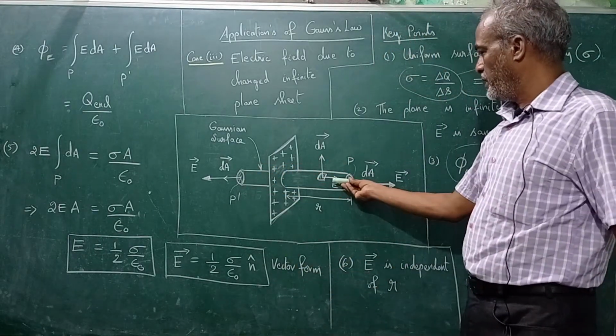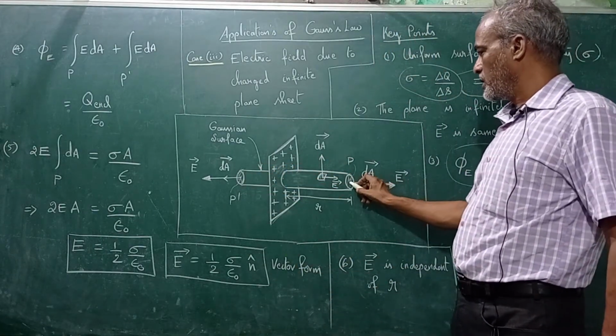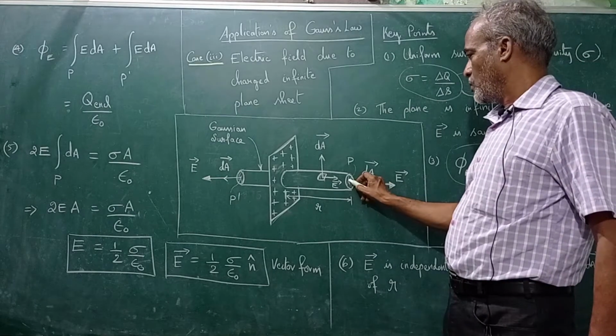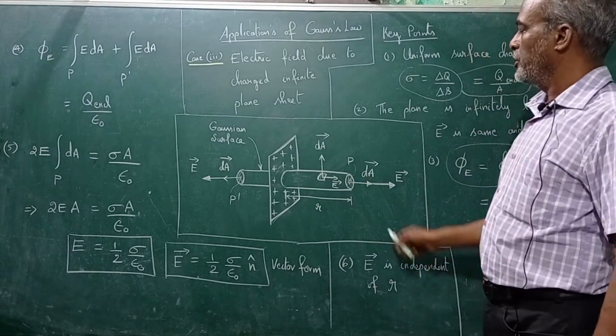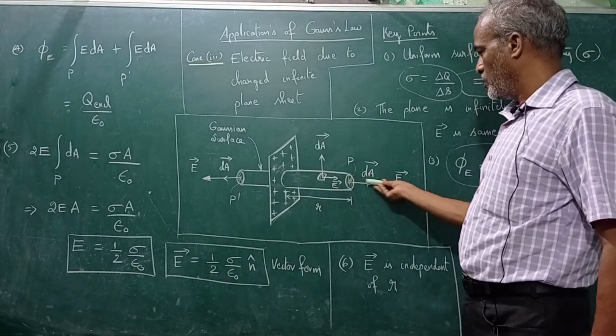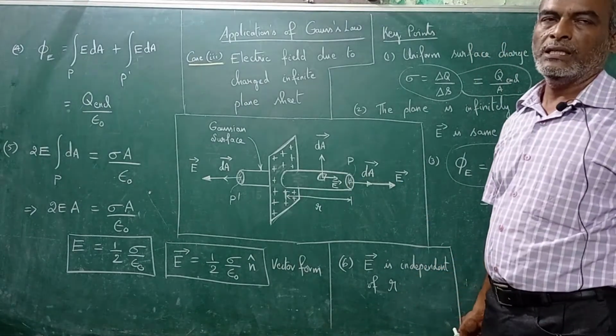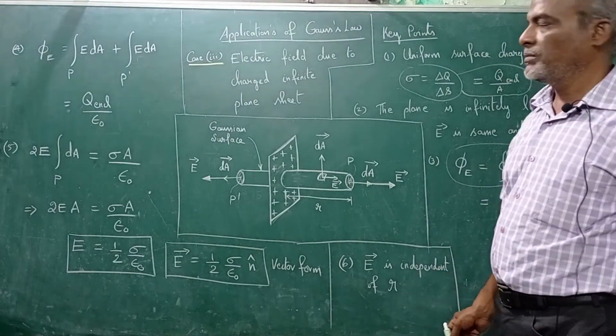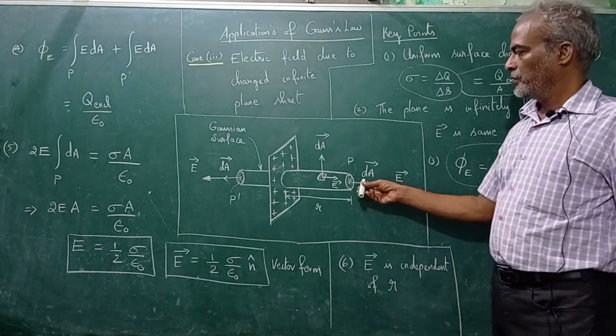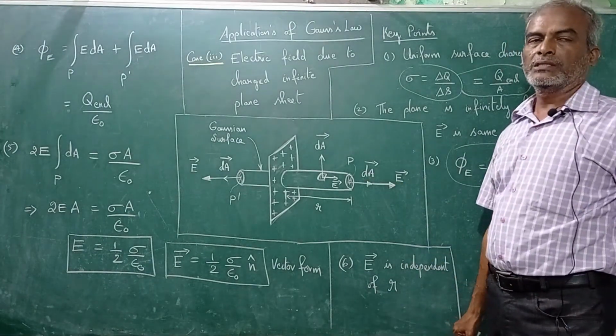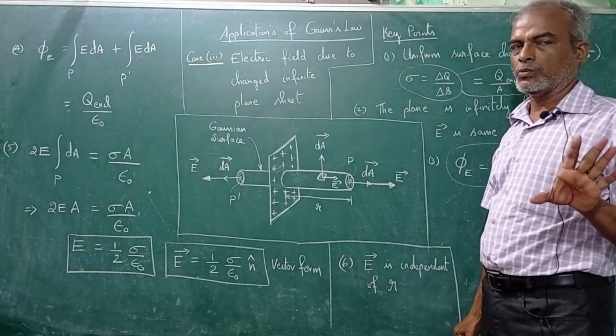The electric field is coming out and you are considering a small area here. The unit perpendicular vector dA also lies along the electric field. Both are in the same direction, therefore the angle between them is 0. Cos 0 is 1.